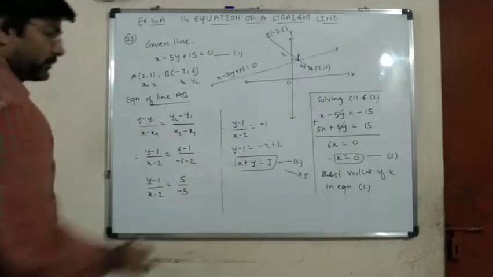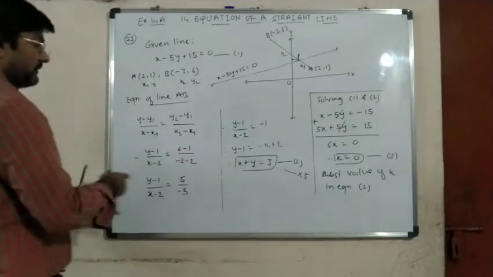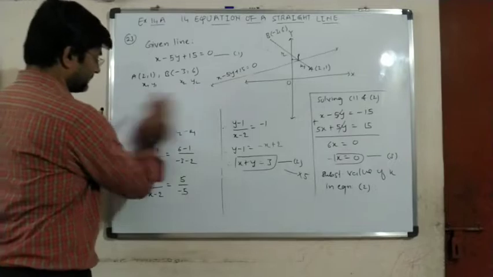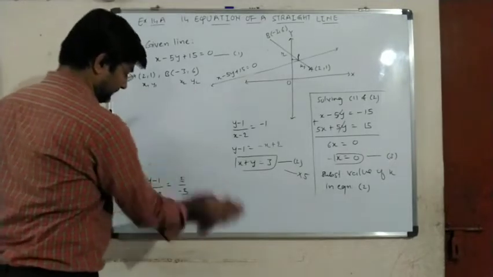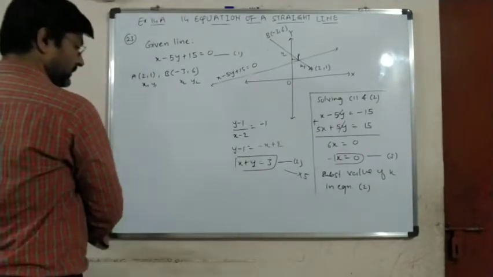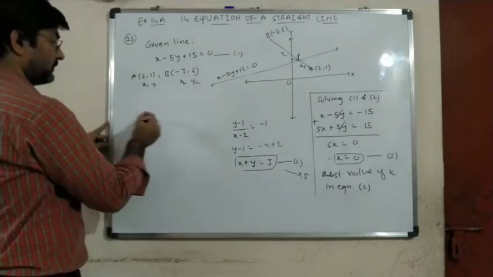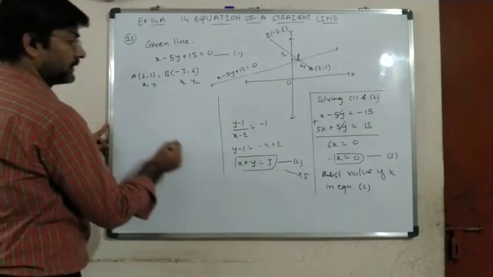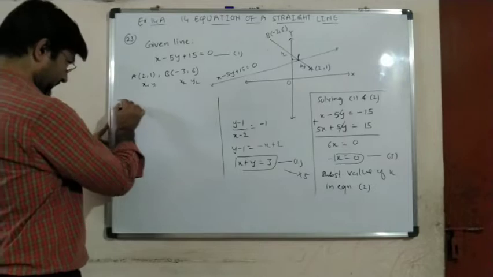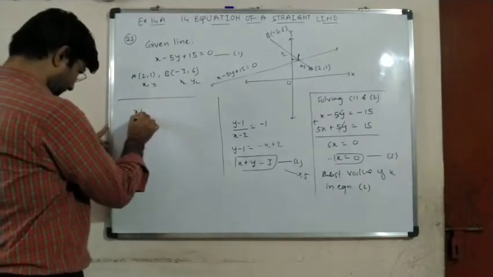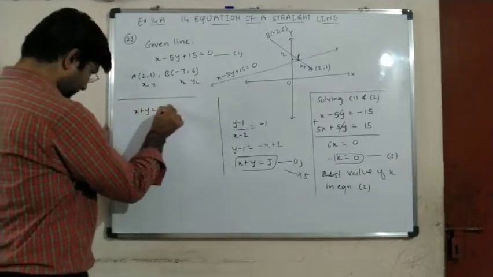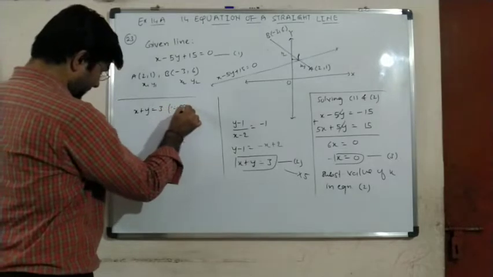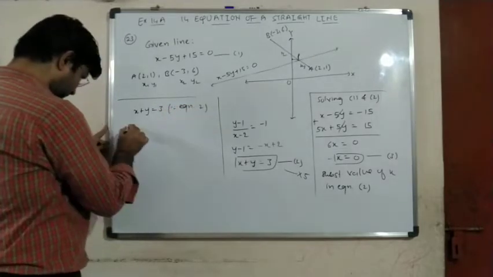Okay, now let us substitute the value of x in equation 2. Okay, so what is equation 2? Equation 2 is x plus y is equal to 3. This is equation 2.